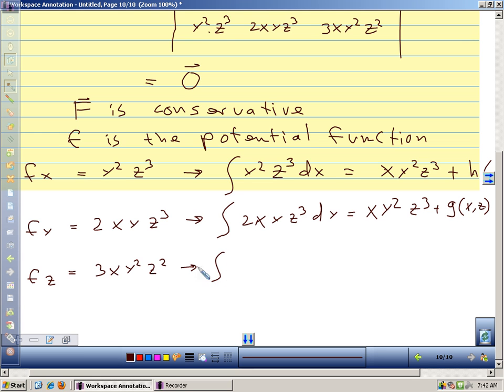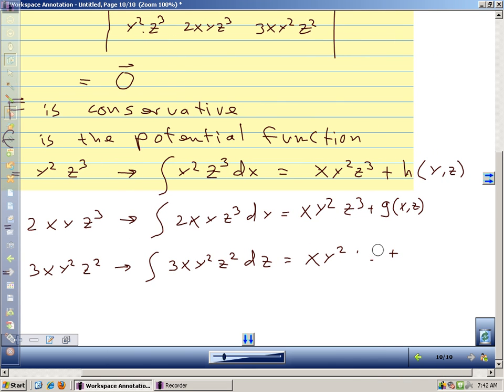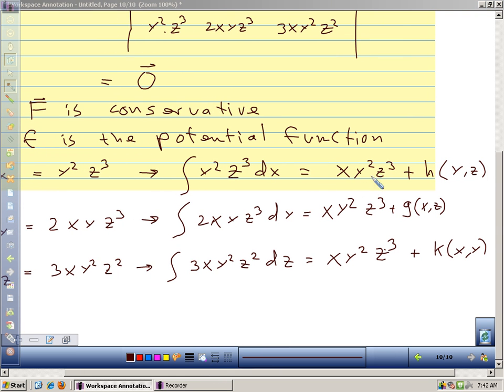So we integrate this with respect to z, and we get xy squared z cubed plus some function of x and y. If we take the partial of xy squared z cubed with respect to x, we get y squared z cubed.